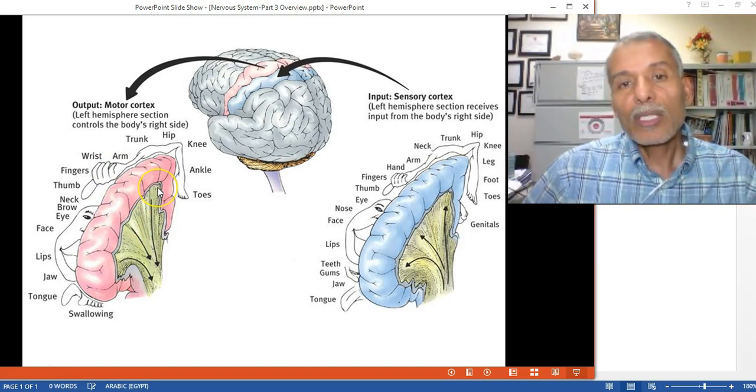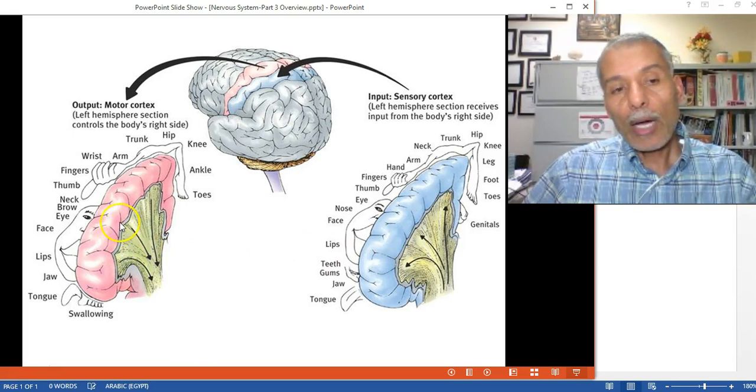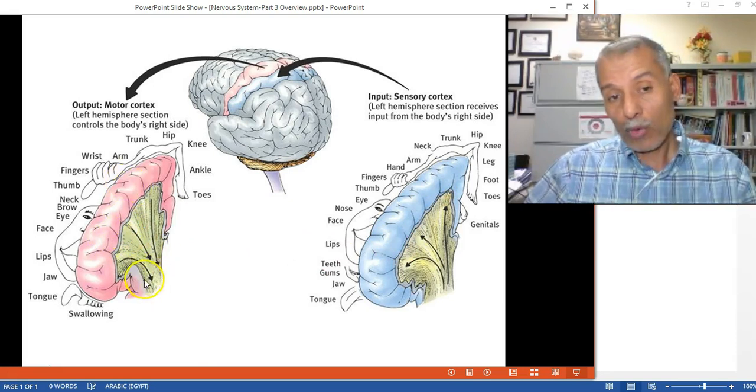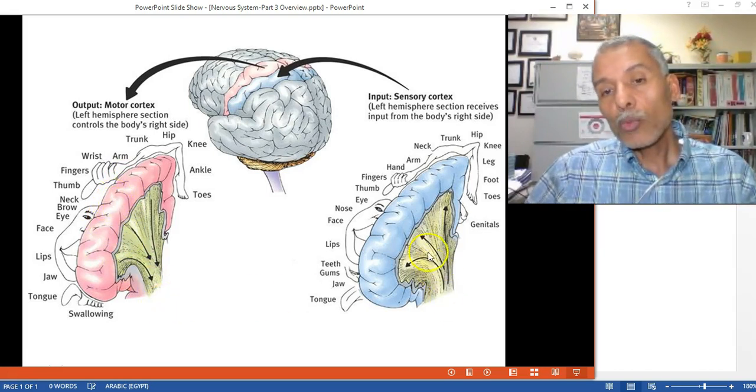So think about it just as electric wiring, simply. And on the other side, you can see now this arrow is going down. It means motor commands are going down. You make a decision to move, and then the order goes down. But for this one, the blue one, the arrows are going up.